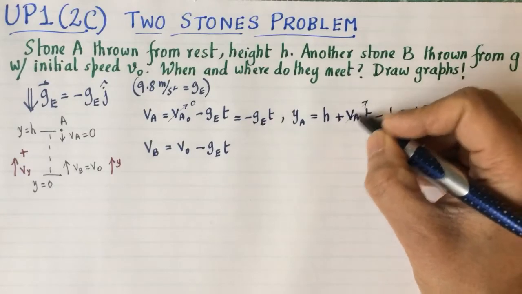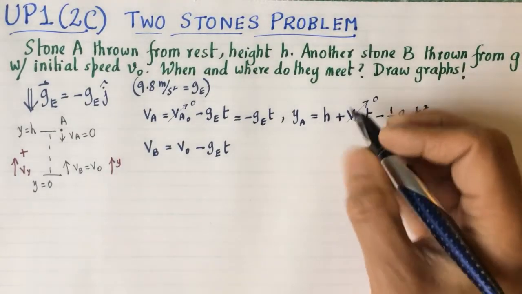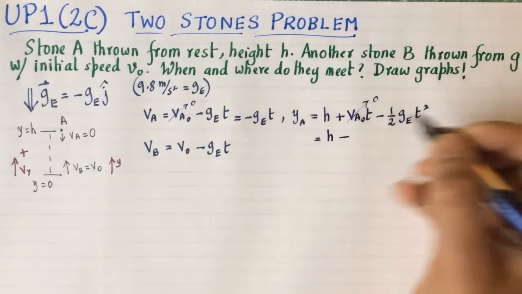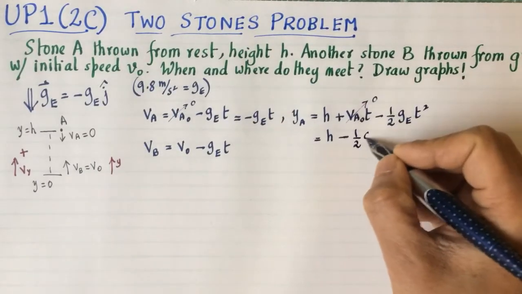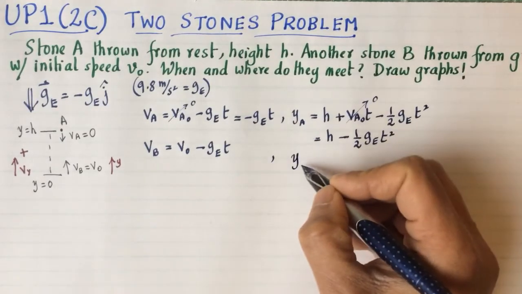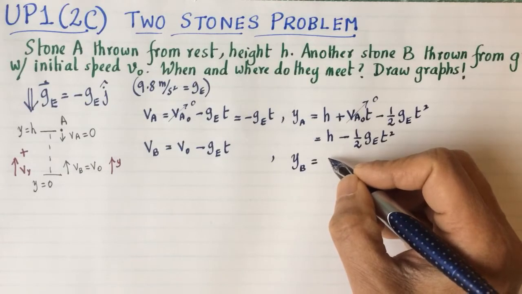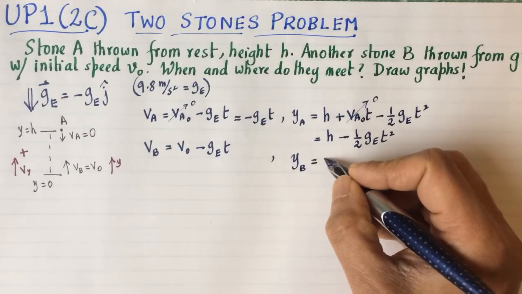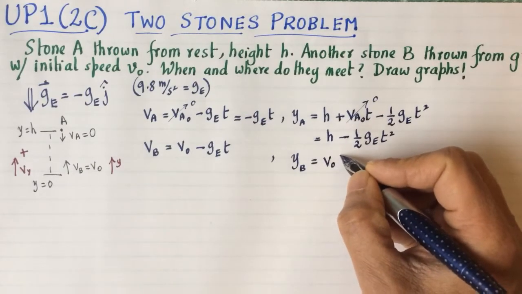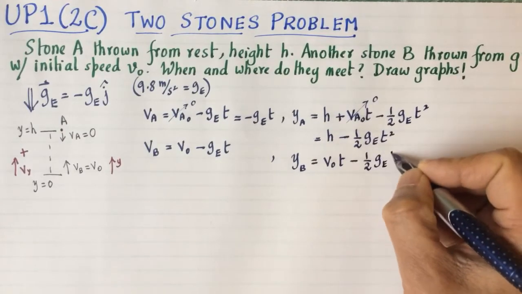Well, this term is 0 because the initial speed of stone A is 0. So I just have h minus 1/2 gt squared. What about stone B? For that, the initial height is 0, so I won't write it. Then the initial velocity term is v0 t minus 1/2 gt squared.